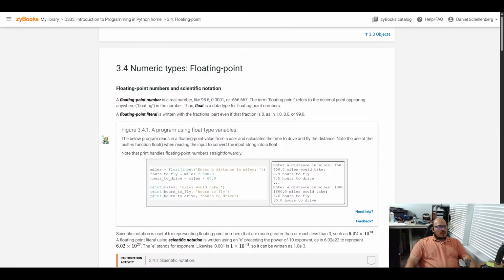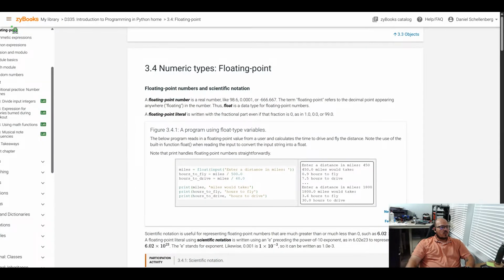We left off on ZyBooks 3.4 yesterday, so we'll continue on from here and then go in order.